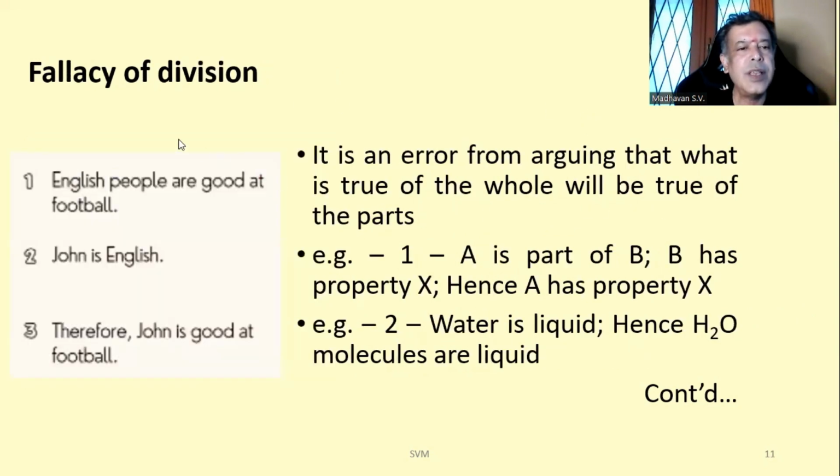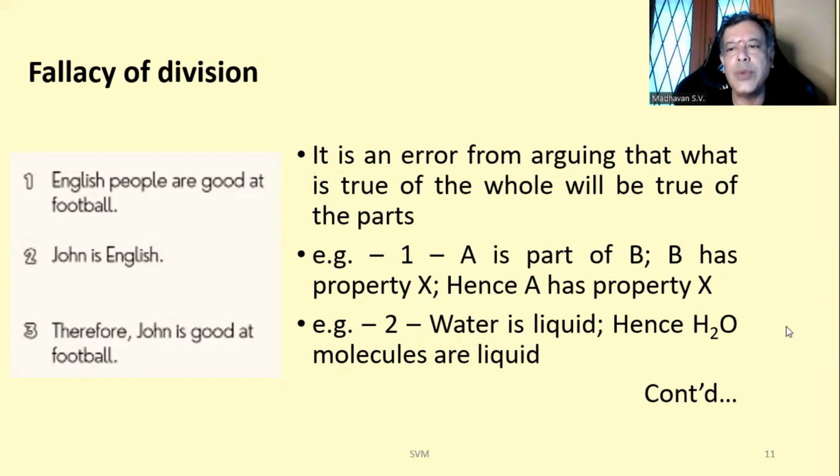Fallacy of division. See the example given. English people are good at football. John is English. So therefore, John is good at football. It is an error of arguing that what is true of the whole will be true of the parts. Another example: A is a part of B and B has property X. Hence, A has property X. Water is liquid.